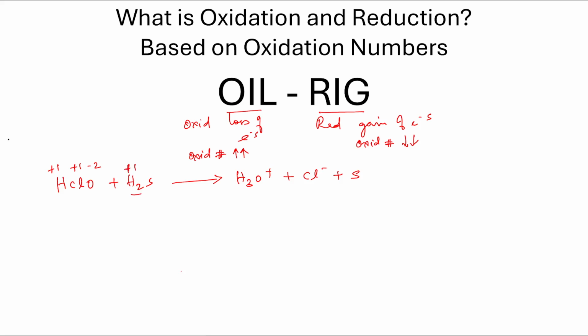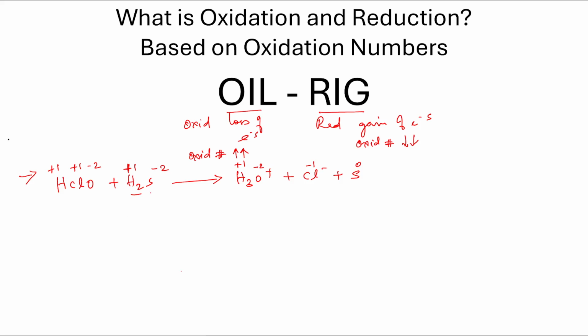Although there are two hydrogen atoms, I'm just stating the oxidation number for each atom here. Now, hydronium ion +1, oxygen -2, chlorine -1, elemental sulfur 0. How do I know the oxidation states? There are rules for assigning oxidation states, which I will discuss in the next video. But for now, these are the oxidation states.